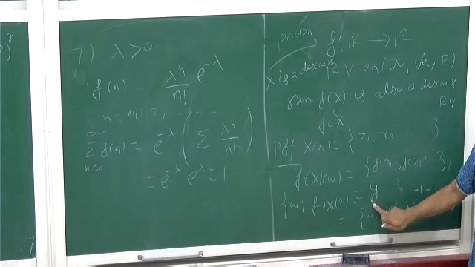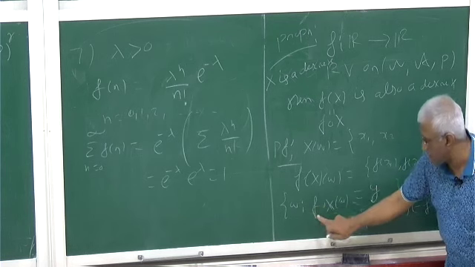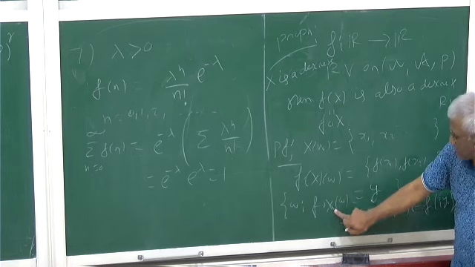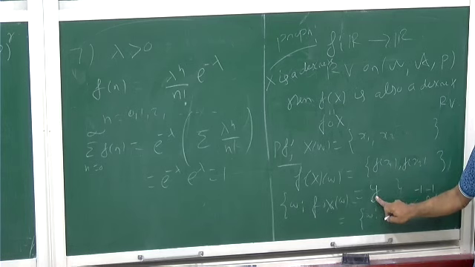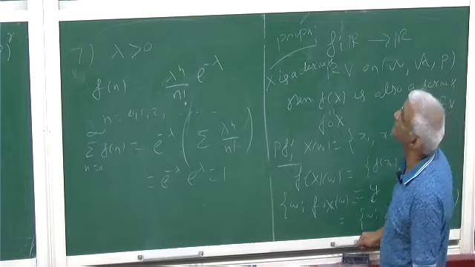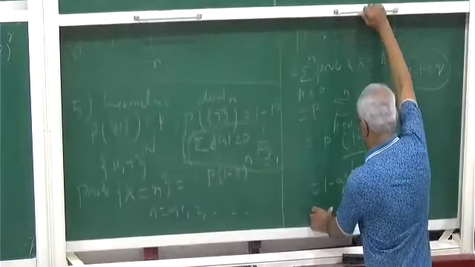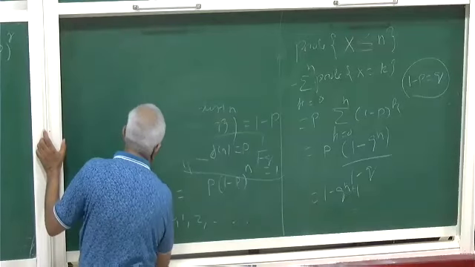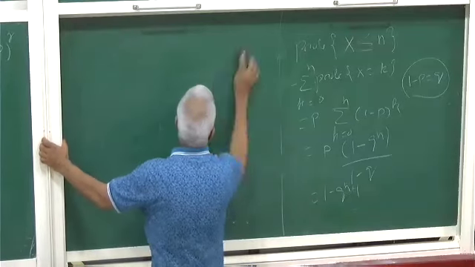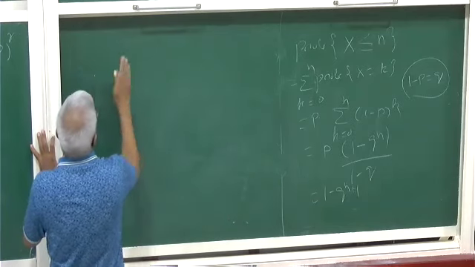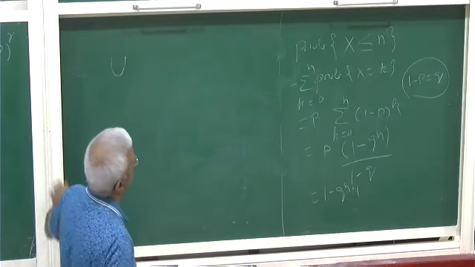You take a point y in the real line, then all the omega such that f of x of omega equals y is the same as x of omega equal to f inverse of y, right? Which just means that x of omega is in this inverse image. And that is equal to the union, disjoint union or union, it doesn't matter.